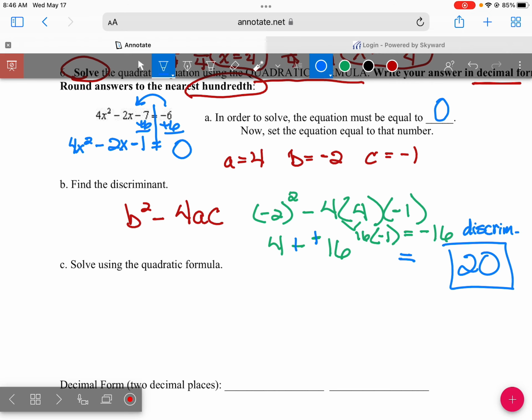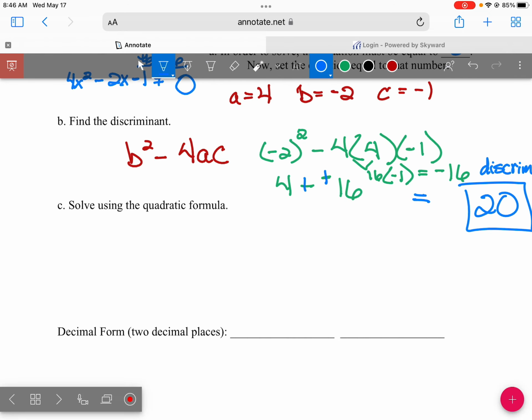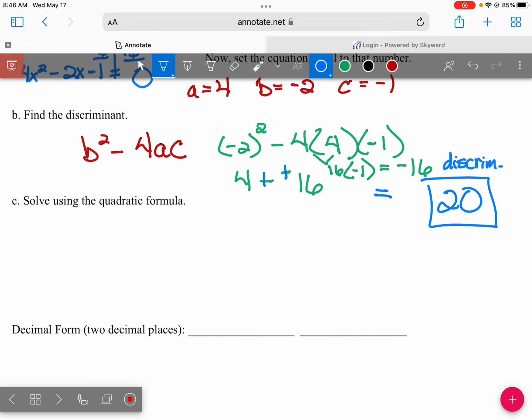Now it says solve using the quadratic formula. We will definitely give you the quadratic formula. And that is x equals the opposite of b plus or minus the square root of b squared minus 4ac, all divided by 2a.